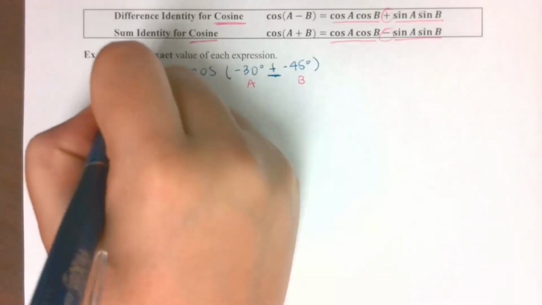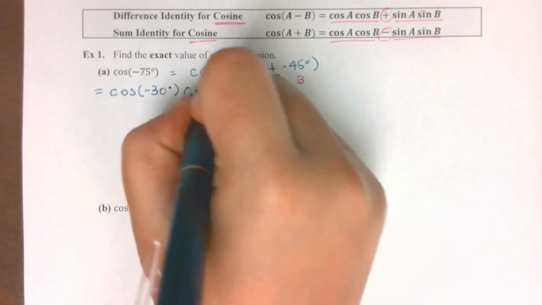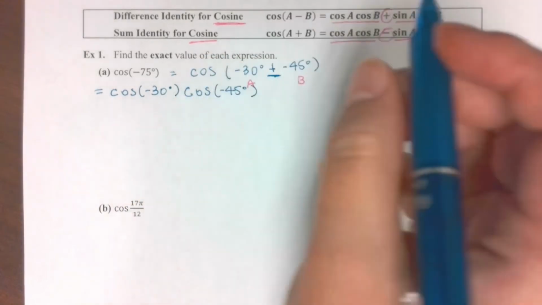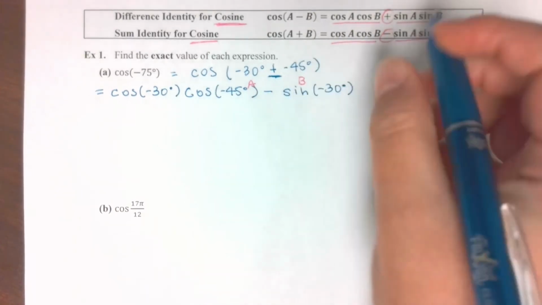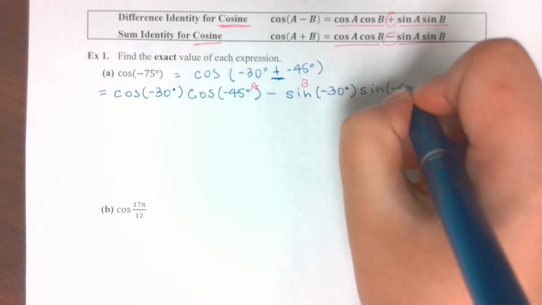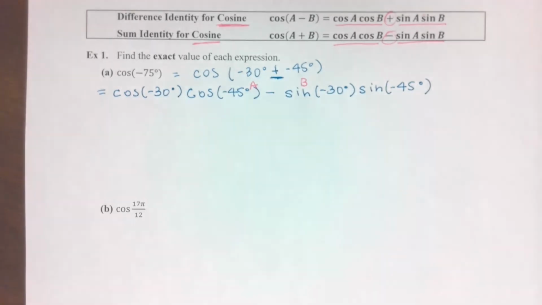So we have cosine of negative 30 degrees times cosine of negative 45 degrees minus sine of negative 30 degrees times sine of negative 45 degrees. The next thing we're going to do is use our even and odd identities. Cosine is an even function, so cosine of negative 30 degrees is the same as cosine of 30 degrees.